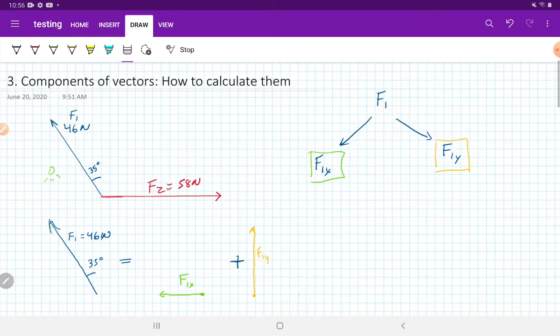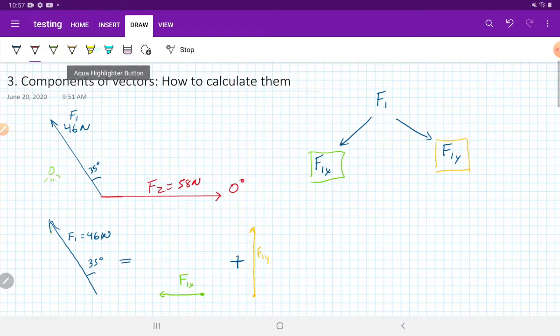The first step is I have to find the real value of the angle. Now you say, oh, I have 35 degrees. Yes, but we always have to measure the angle from 0. 0 is here, right? 0 degrees. That's a little hard to read, but you get the idea. You have to measure from the x direction.